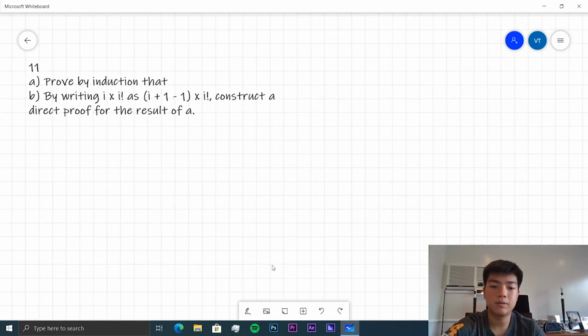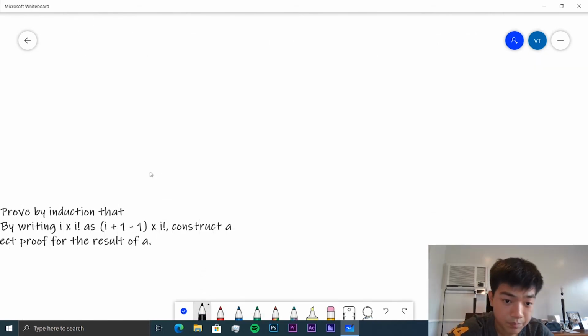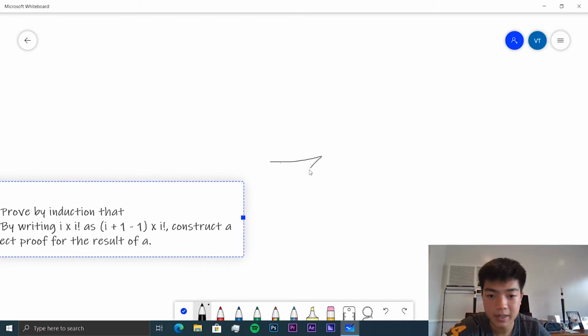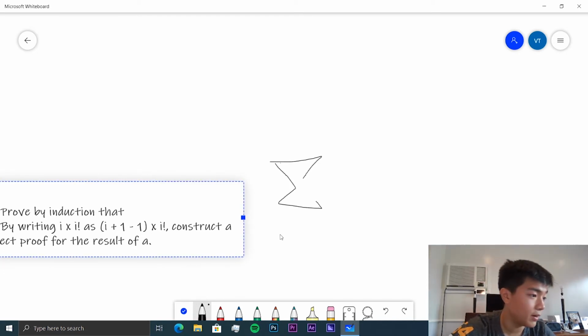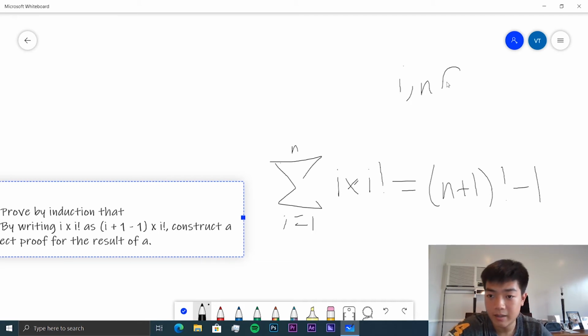So for our first proof by induction, we need to prove by induction that the sum from I equals 1 to n of I times I factorial is equal to n plus 1 factorial minus 1 for I and n all positive integers.